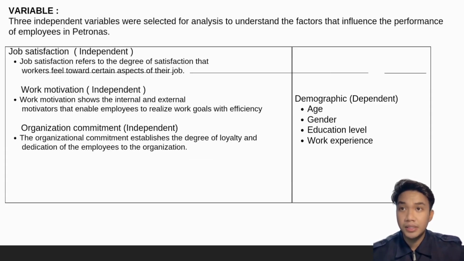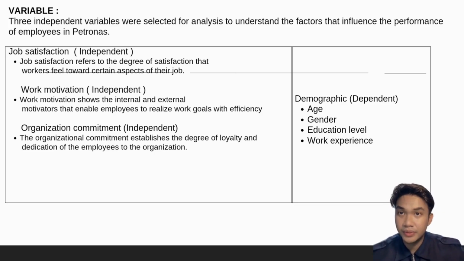On this slide, I will explain the variables used in the study to understand the factors that affect the performance of employees at PETRONAS. This study focuses on three main independent variables. The first is job satisfaction, which is the level of employee satisfaction with various aspects of their job, such as the workplace environment and their responsibilities.